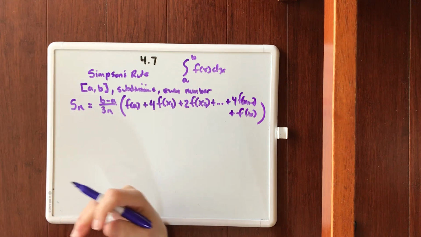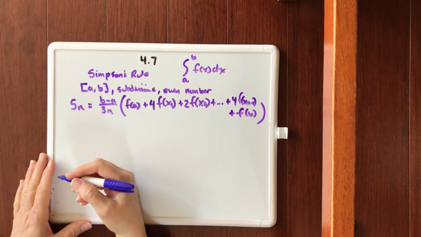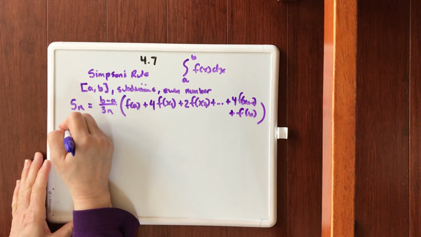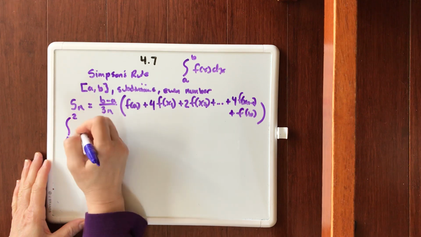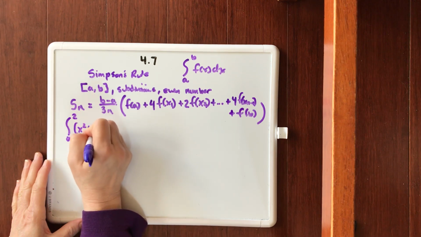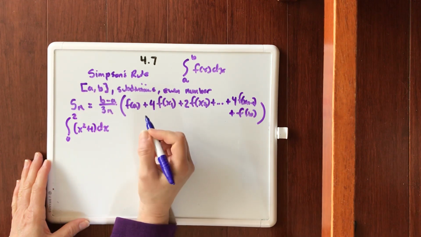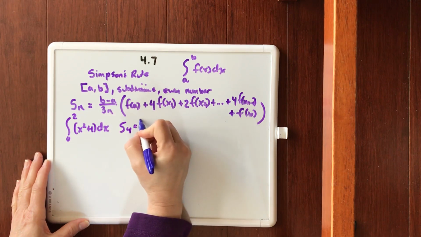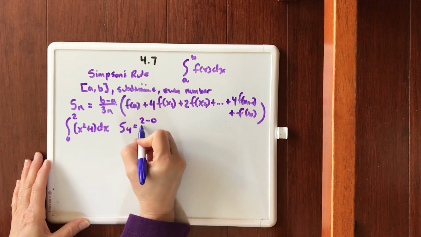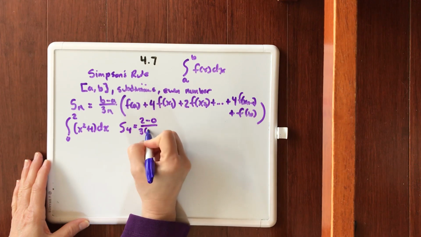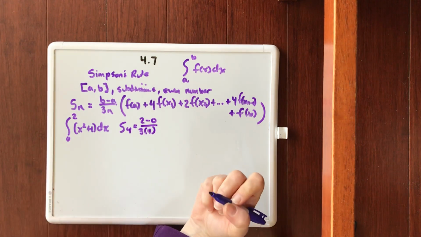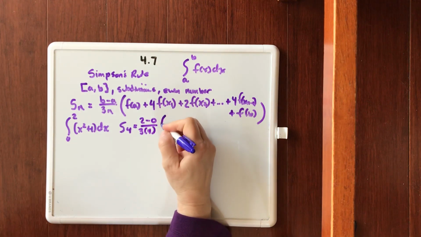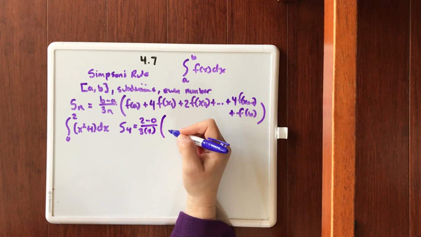All right? So let's try it with the example we had. We're going to integrate from 0 to 2, x squared plus 1 dx. Okay. So S of 4 equals 2 minus 0 over 3 times 4. Okay, and we're going to multiply that by f of a.